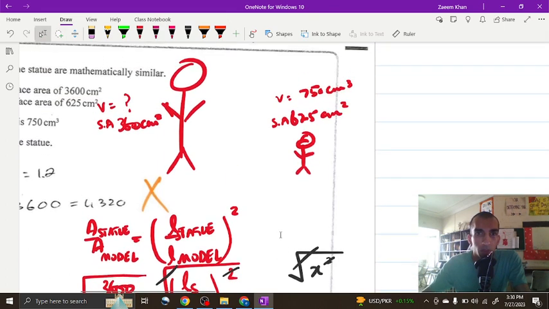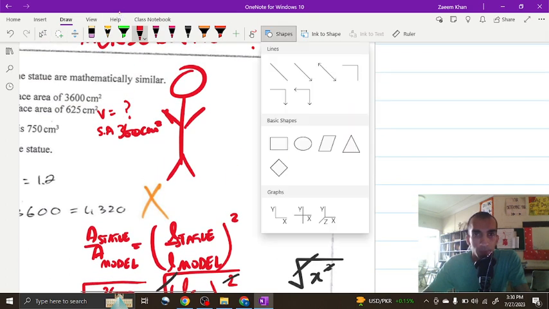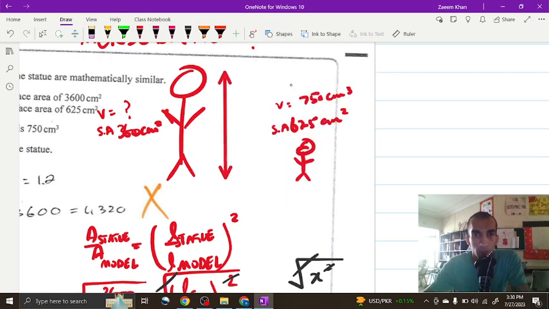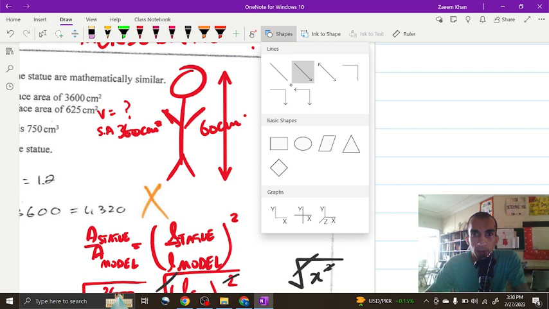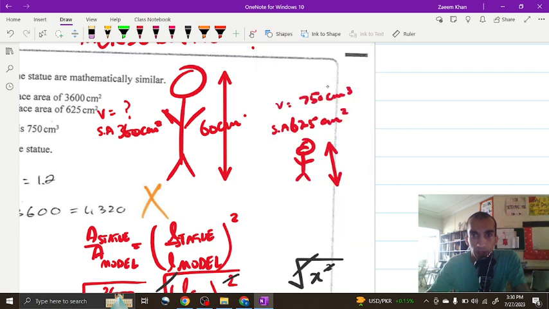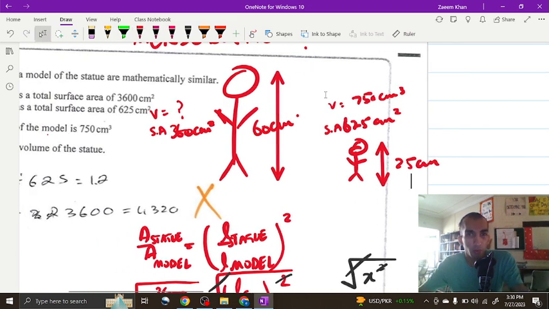And what's the length of the other one? 25. So this one is 60 centimeters and this one is 25. How does this help you in being able to find out the volume?